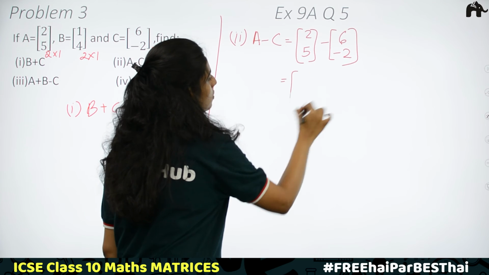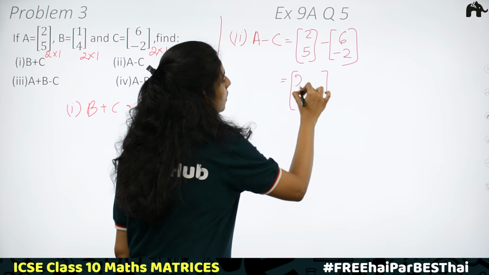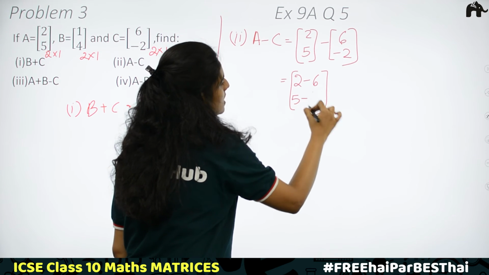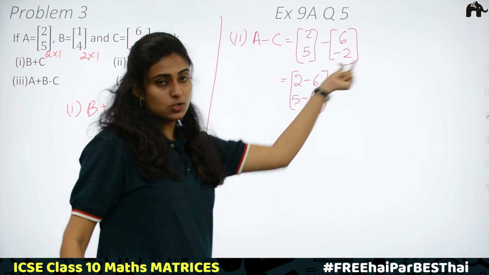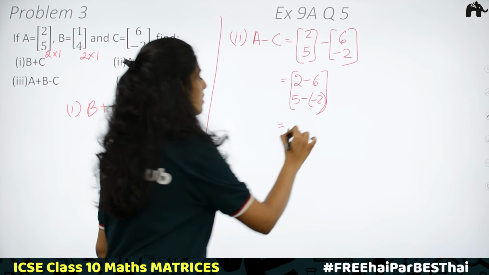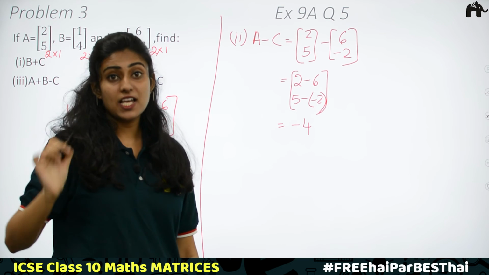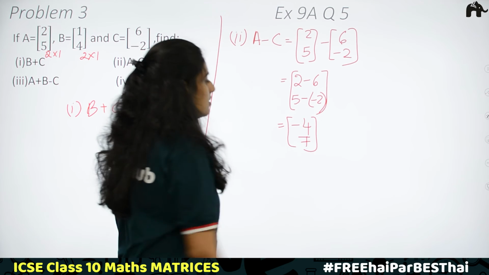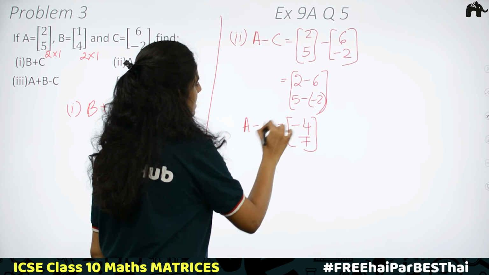This is equal to a 2 by 1 matrix with elements 2 minus 6, 5 minus of minus 2. Here we are subtracting and the element is minus 2. That is equal to 2 minus 6 is minus 4, 5 minus minus 2, that is 5 plus 2, which is 7. Minus 4, 7 are the elements of A minus C.